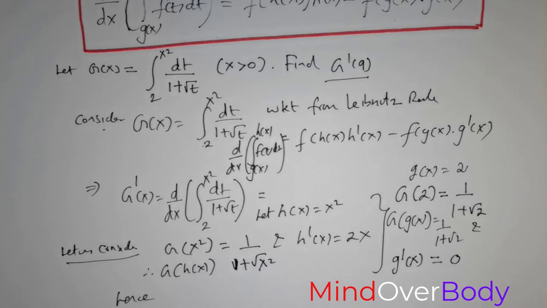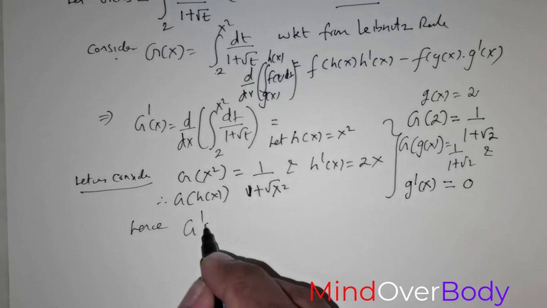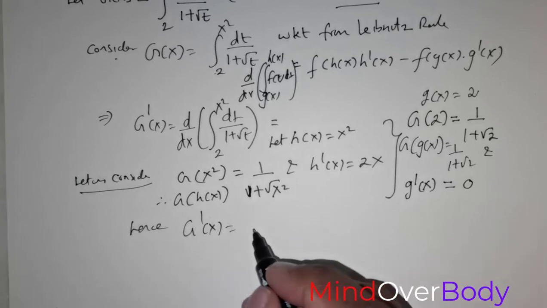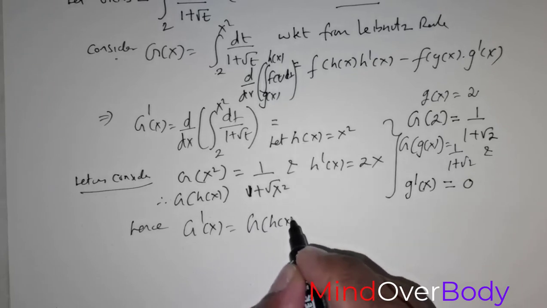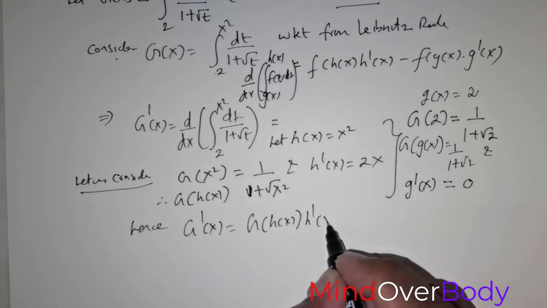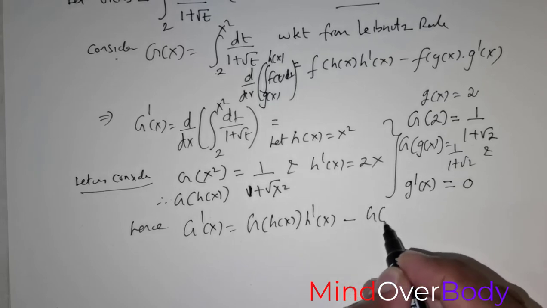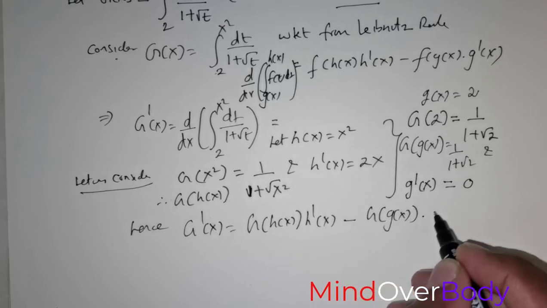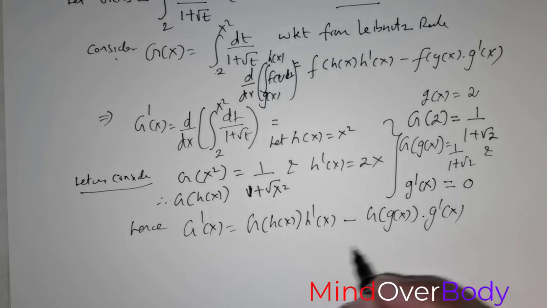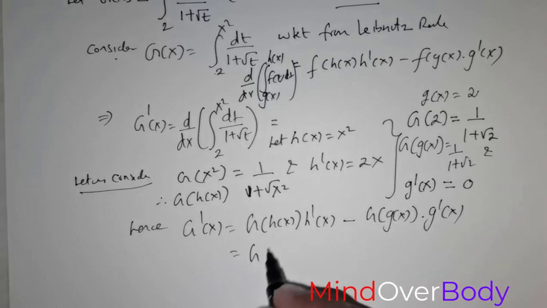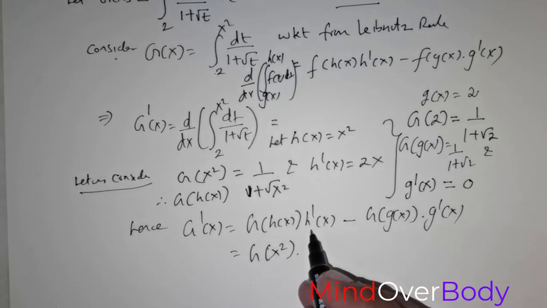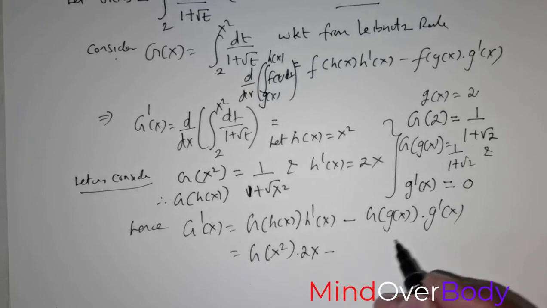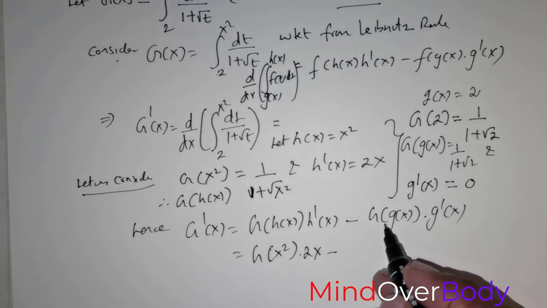So hence we can write that g dash of x is equal to f of h of x times h dash of x negative f of g of x times g dash of x. This is equal to f of x squared times the differential of x squared, h dash of x is going to be 2 times x, negative f of g of x.